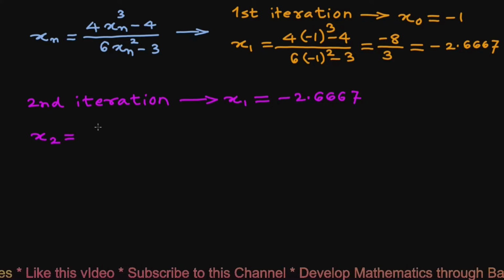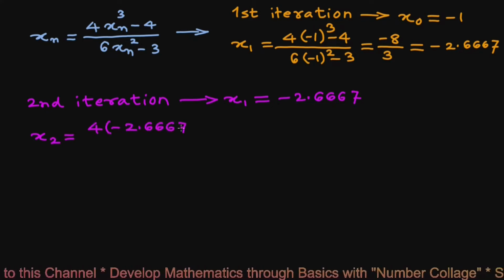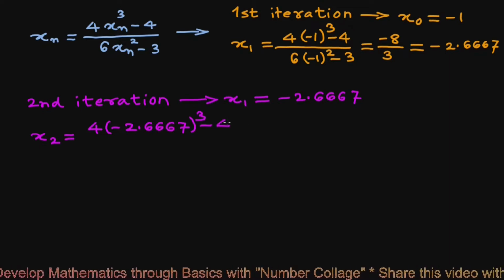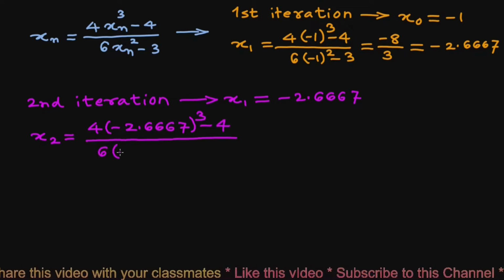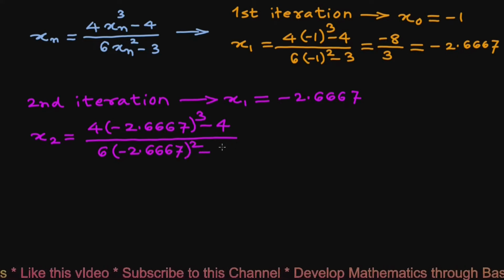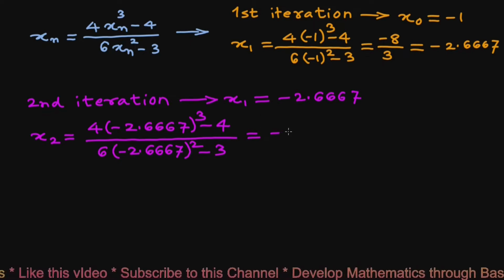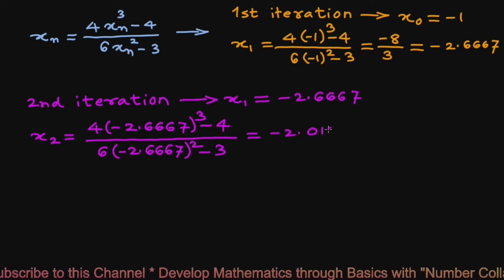x2 equals 4 times minus 2.6667 cubed minus 4 upon 6 into minus 2.6667 squared minus 3. That on calculator works out to be minus 2.0131.